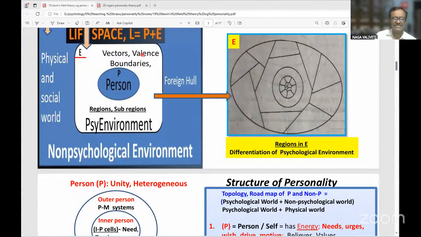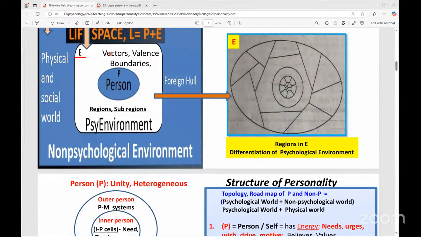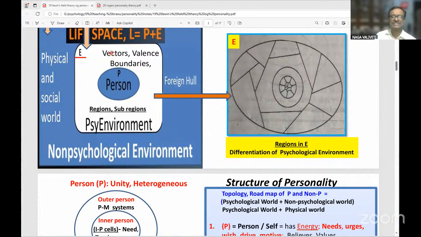What is valence? Valence is nothing but attraction and repulsion, positive, negative. And what are the vectors? Vectors are nothing but forces, positive, negative forces. We won't call them positive, negative. For valency, we use positive, negative. In vectors, we call them the driving forces or repulsive forces. Right?